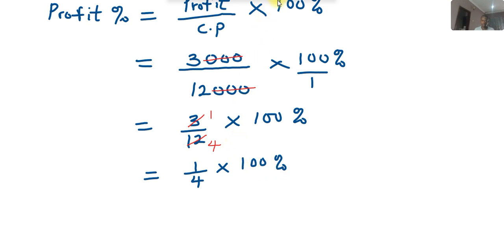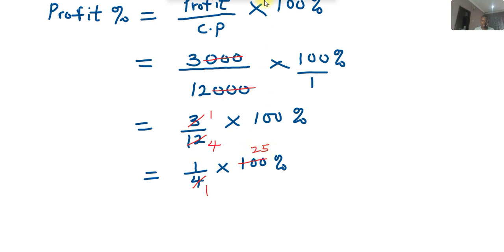And we can also use 4. 4 can divide 100. 4 into 4 is 1, and 4 into 100 is 25.